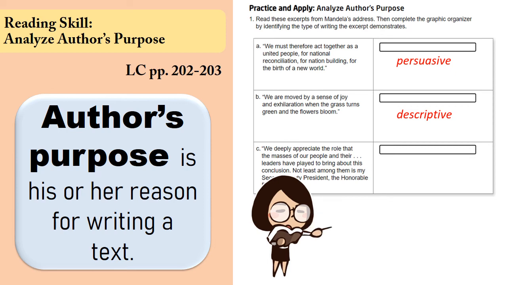C. We deeply appreciate the role that the masses of our people and their leaders have played to bring about this conclusion. Not least among them is my second Deputy President, the Honorable F.W. de Klerk. So do you think this is a persuasive, a narrative, or an expository text? It is indeed an expository text.